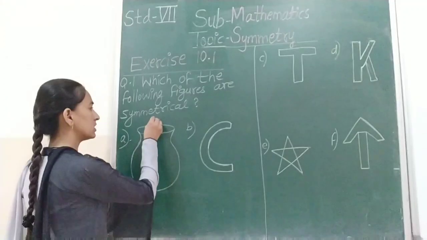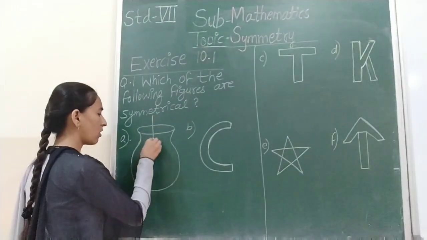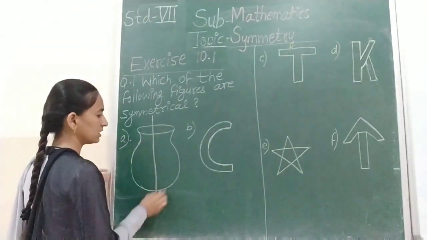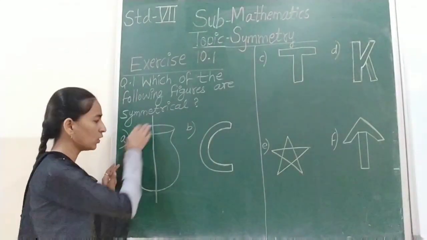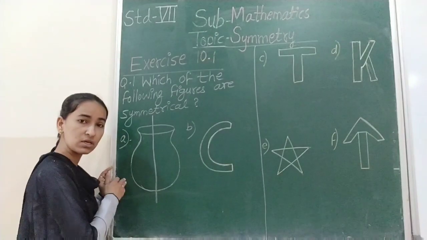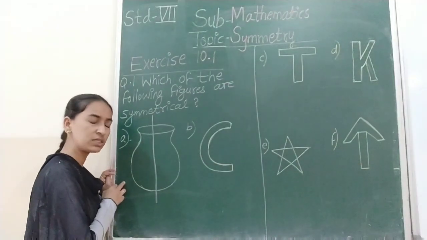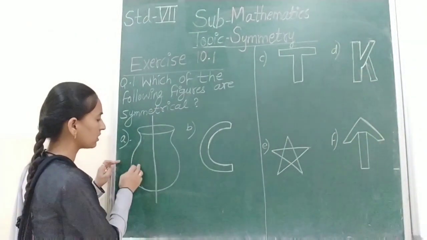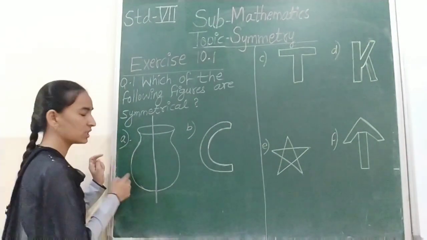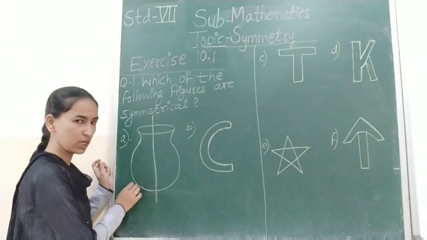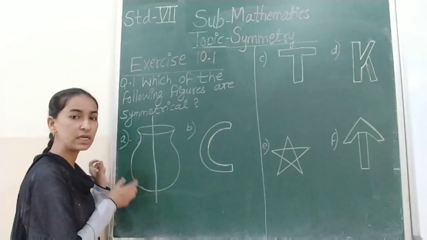Okay friends, see here, if I draw a line of symmetry like this, and I fold this part here, it should cover the whole part. If it covers, then that figure is a symmetrical figure. Now see, if I cover this, it gives a symmetrical figure. My figure is not that good, but in the textbook it is clearly given.